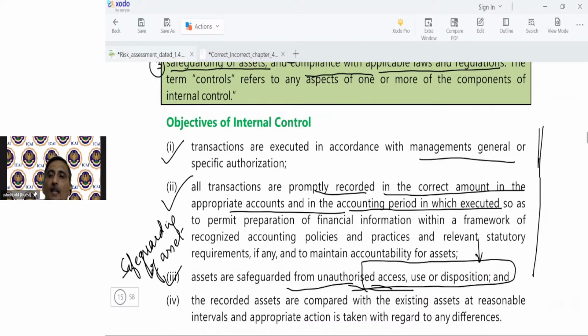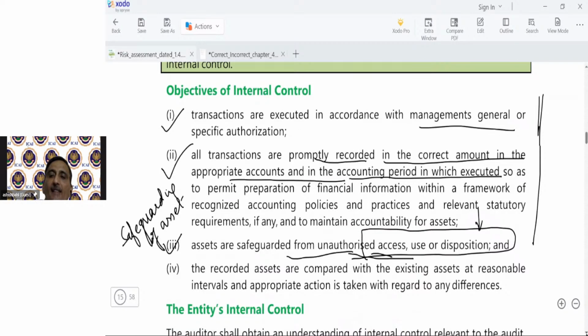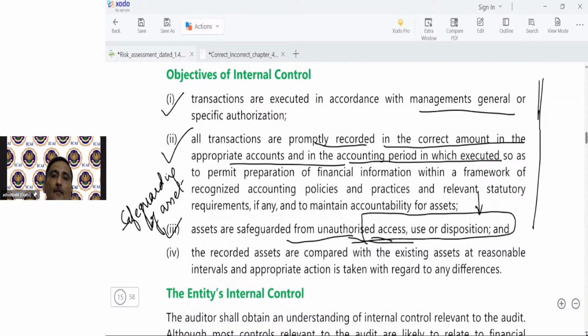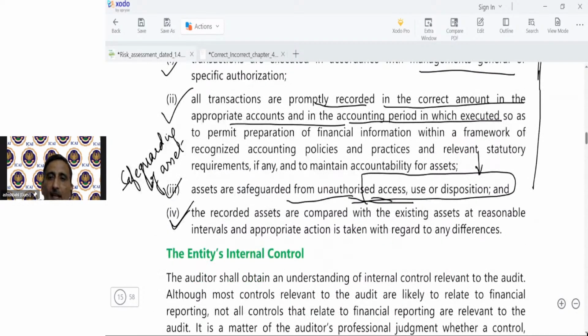So the recorded assets are compared with existing assets. This is necessary not only for safeguarding of assets but also for the proper functioning and operations of the company. Okay, so clear, guys.